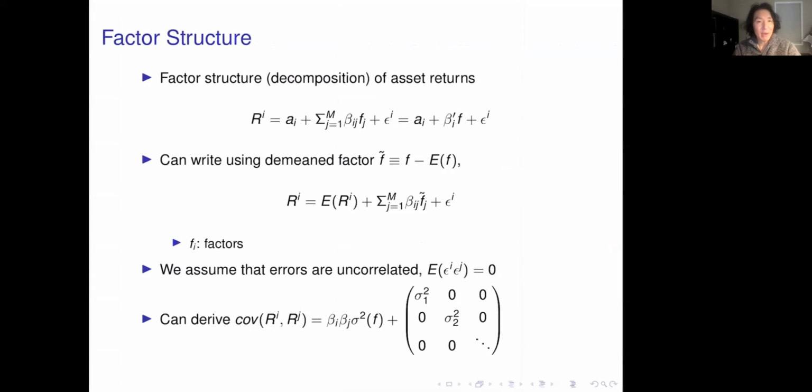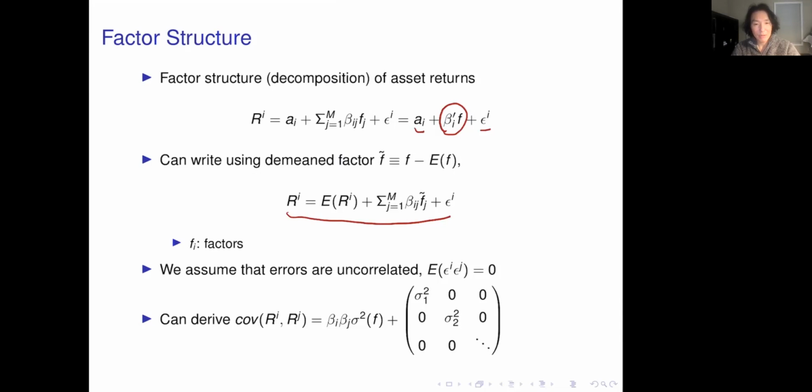So what do we mean by a very strong statistical relationship? That is what is called the factor structure. Factor structure is simply a decomposition of asset returns into some constant component, a common co-movement driven by the factors, and also the idiosyncratic component. And you can always demean the factors and then obtain the following representation. We will assume that the errors are uncorrelated across assets.